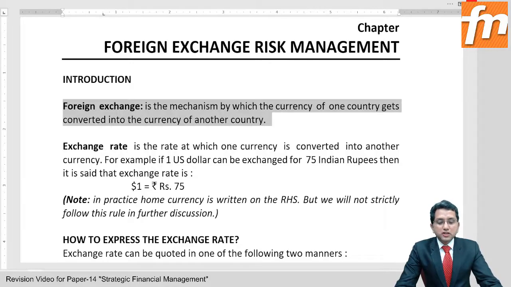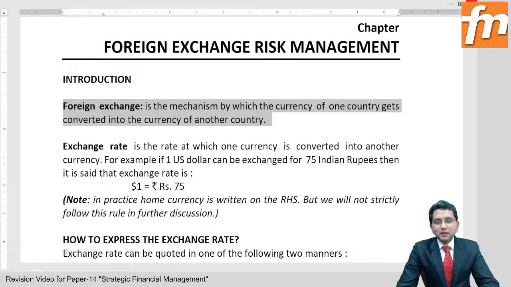So the first question is, what is foreign exchange? Foreign exchange is the mechanism, that means a machine, by which one currency is converted into another currency. Suppose I have 1000 US dollars and I want to convert it into Indian rupees.